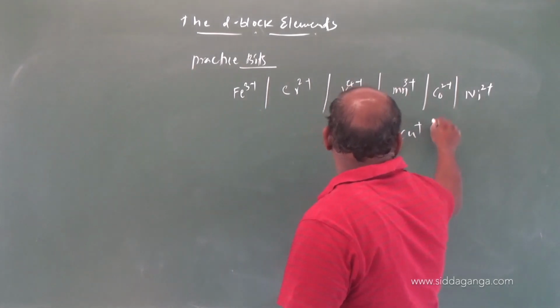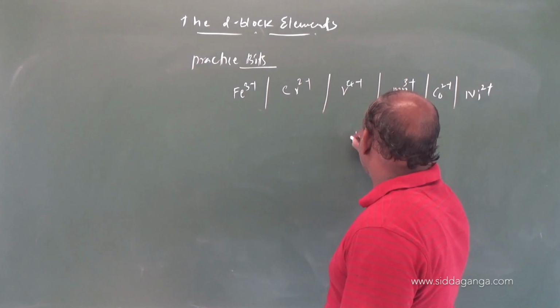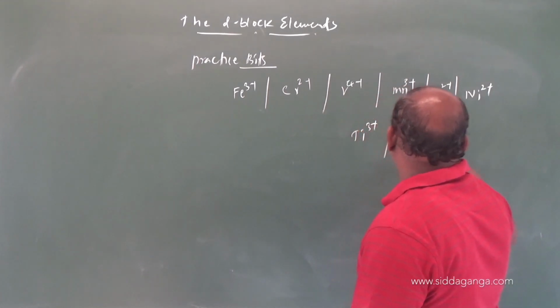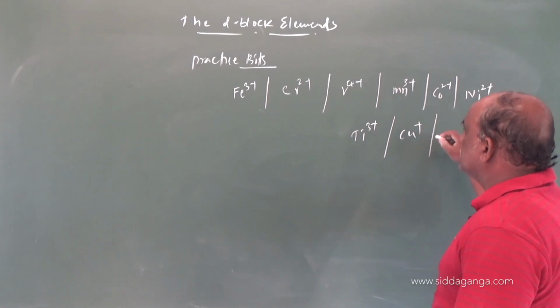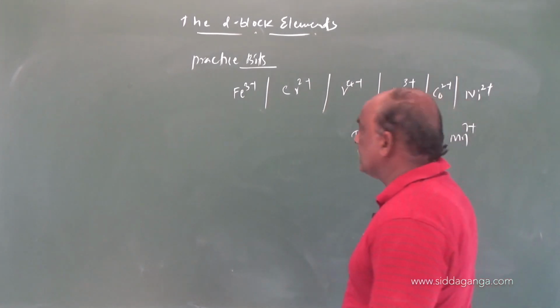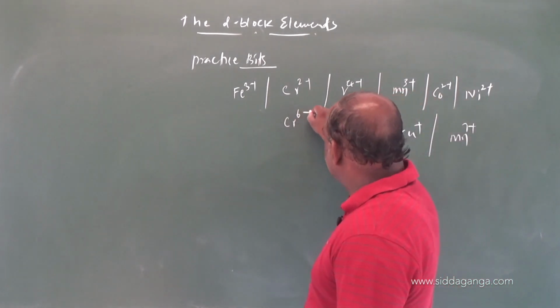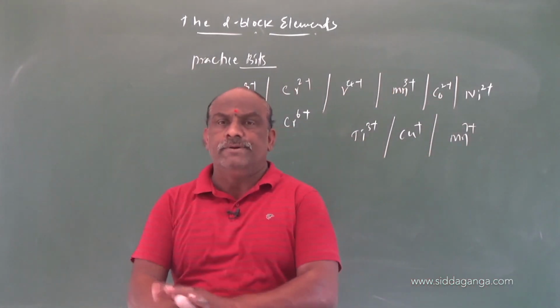Different types of examples are there: scandium, titanium 3 plus, Zn, iron 3, iron 4, Mn 7 plus, Cr 6 plus. You should practice these 10 examples.